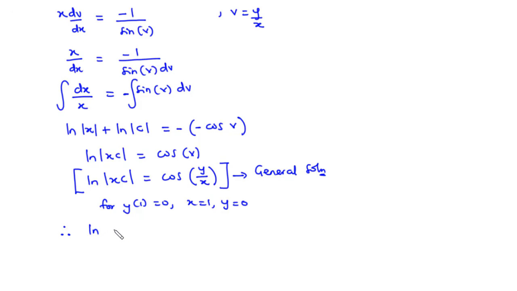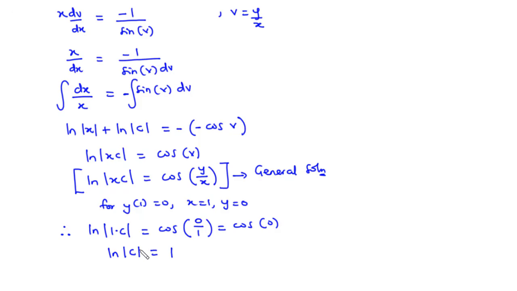So we are going to have ln of absolute value of 1 times c equals cos y is 0, x is 1, so this is equal to cos 0. Now, this becomes ln of absolute value of c, and that is equal to, now cos 0 is equal to 1.